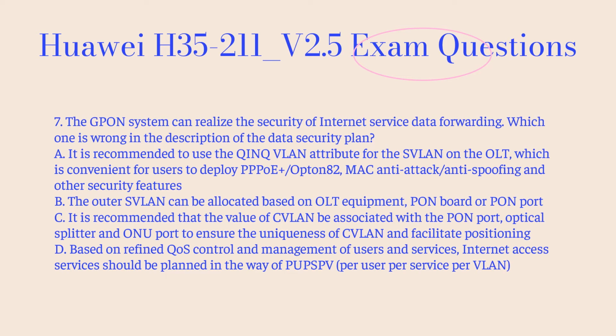B. The outer SVLAN can be allocated based on old equipment, PON board or PON port. C. It is recommended that the value of CVLAN be associated with the PON port, optical splitter and ONU port to ensure the uniqueness of CVLAN and facilitate positioning. D. Based on refined QoS control and management of users and services, Internet access services should be planned in the way of PUPSPV, per user per service per VLAN.